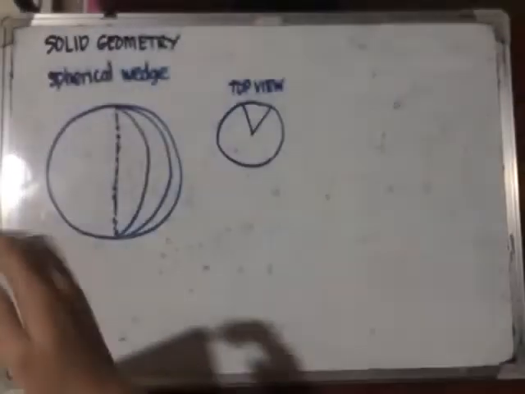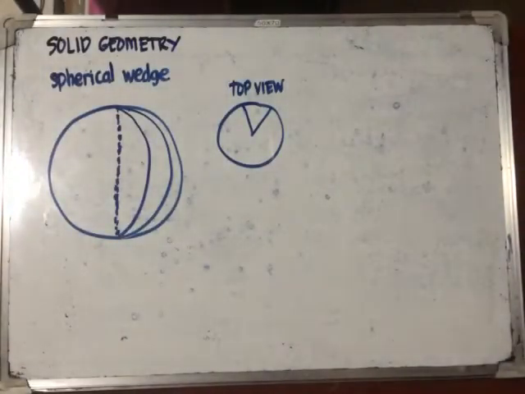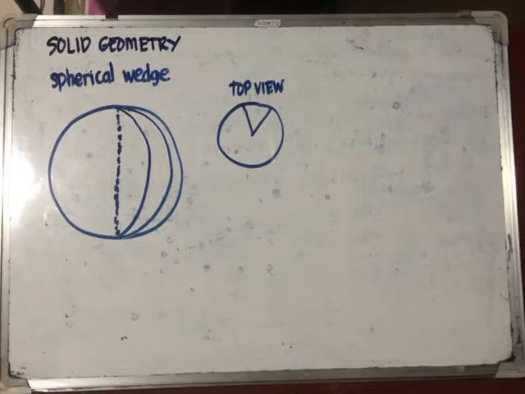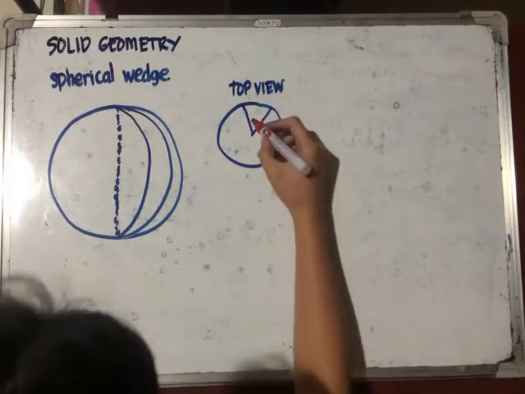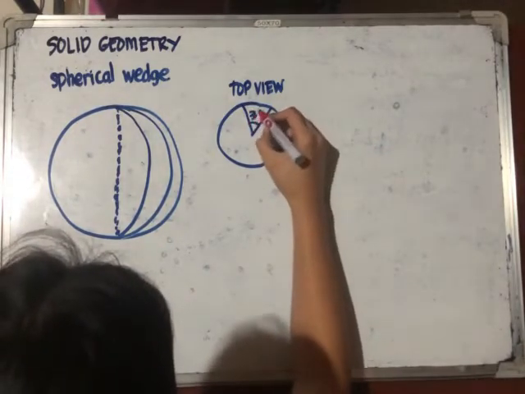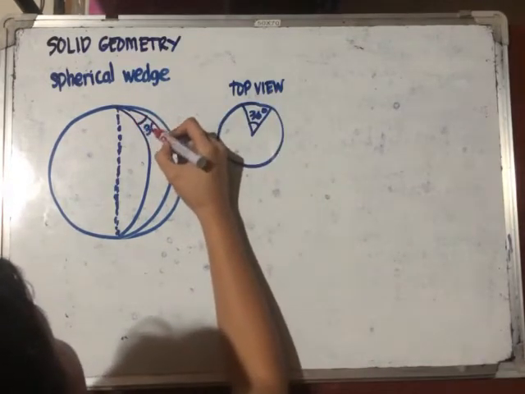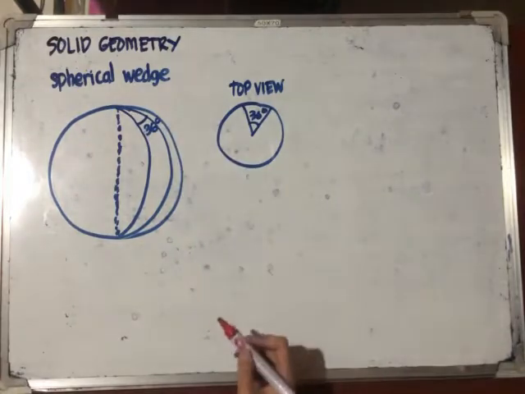Alright? So, that's it. And then, what we are going to do now is get the area of, or the volume of this wedge. If you have a dihedral angle, which is equal to 36 degrees, you can see your 36 degrees here on top, and that's here also, 36 degrees.